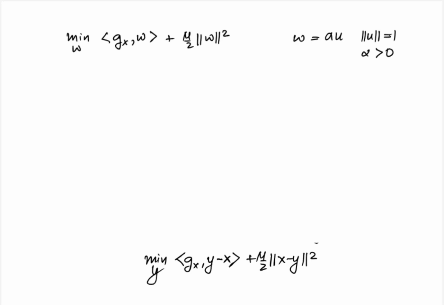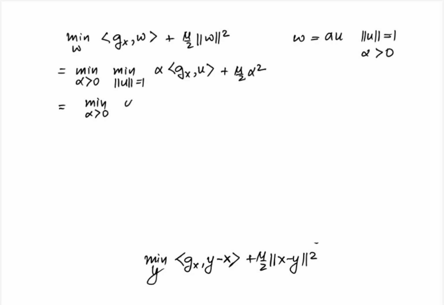So the problem becomes a nested problem, which is of the form: minimize over alpha greater than 0, and then the inner problem is minimize over all u such that norm of u is equal to 1, alpha times inner product of gx comma u plus mu by 2 alpha square, which can be written as minimize over alpha greater than 0, alpha times minimum over unit norm vectors u, inner product of gx comma u, plus mu by 2 alpha square.